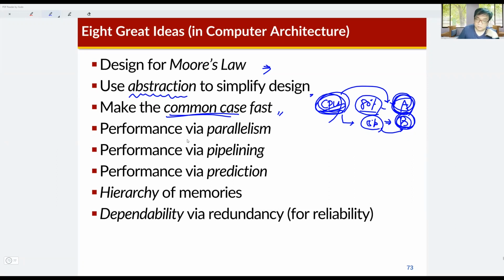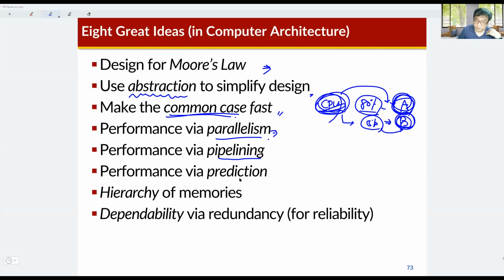And then performance improvement via parallelism is also very critical. Parallelism is very similar to multi-core or multi-processor. Okay. And then performance via pipelining. We will learn about pipelining in chapter 4.